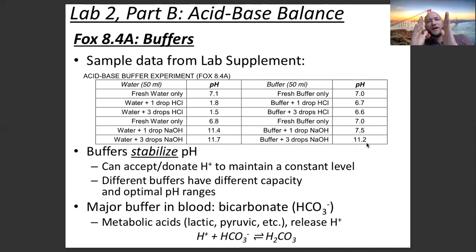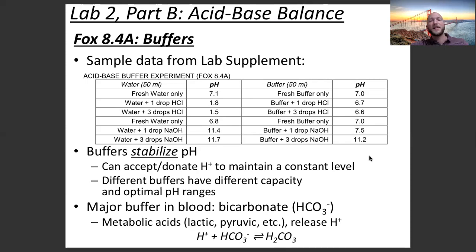And once you get out of that pH range, they tend to not have a very large effect. I don't know what buffer exactly we're using for this experiment, but that buffer tends to work right around that 6 to 7 pH range. And once you get too far outside of that range, it has very little buffering effect.